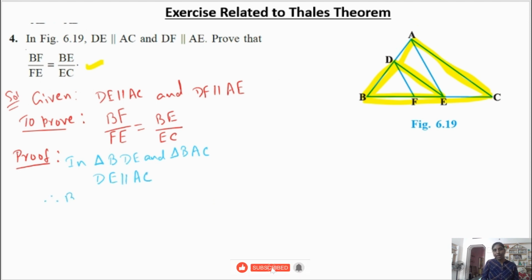Therefore, by BPT, we can write BD by DA is equal to BE by EC.